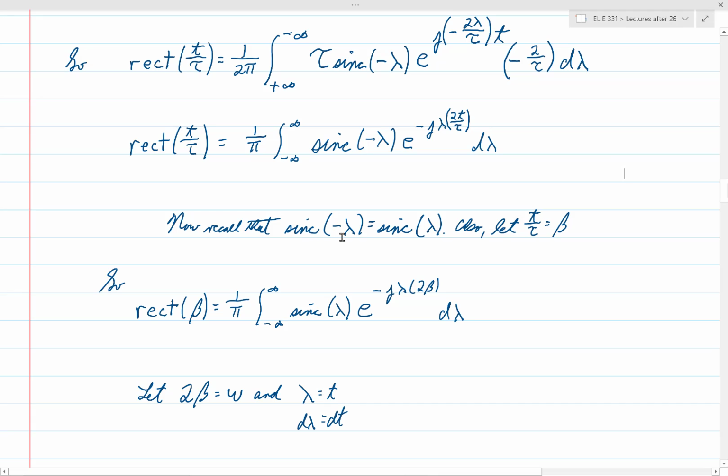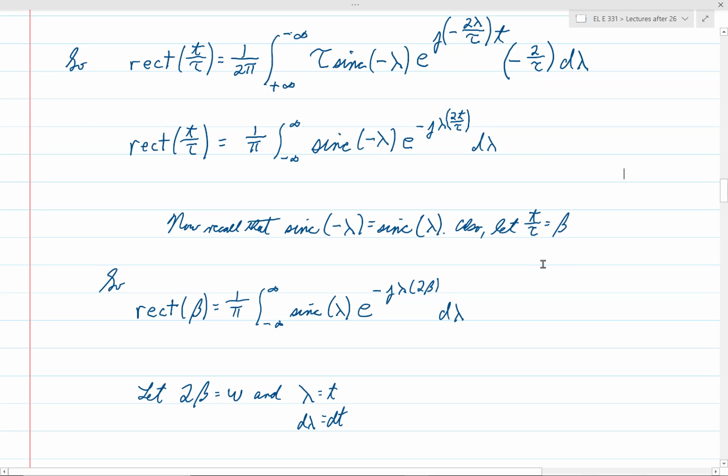Now, we're almost home, almost done. Remember that sinc is an even function. We said that. So sinc of negative lambda is the same thing as sinc of lambda. So I'm going to make that substitution in the integral, and I'm also going to let t over tau equal beta.